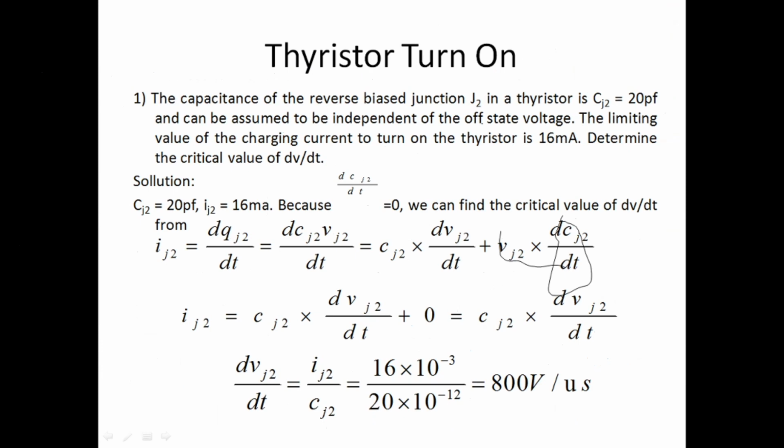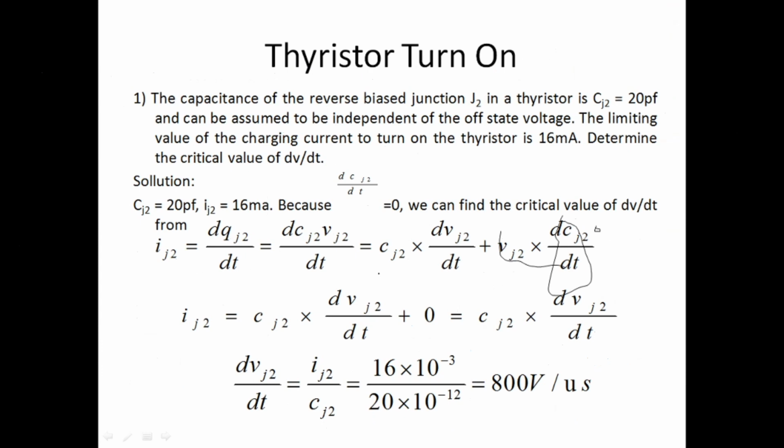C is epsilon A by D, and there is no change in epsilon, A or D of that capacitance. So dCj2/dt becomes 0, there is no requirement of that term, and the product is 0.